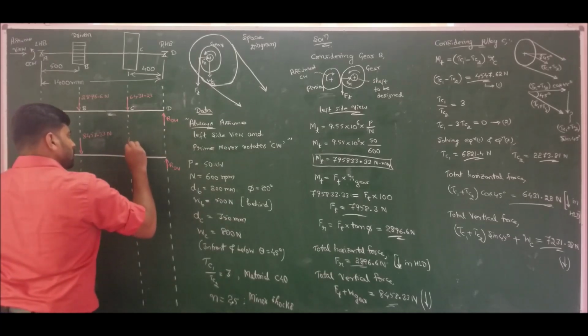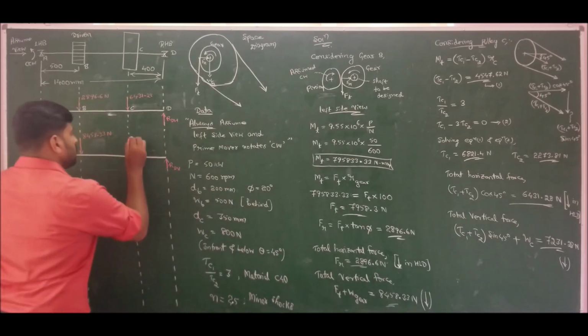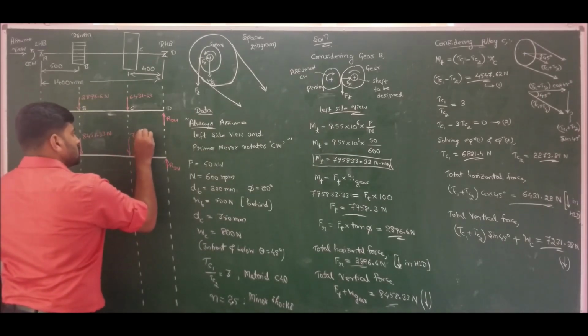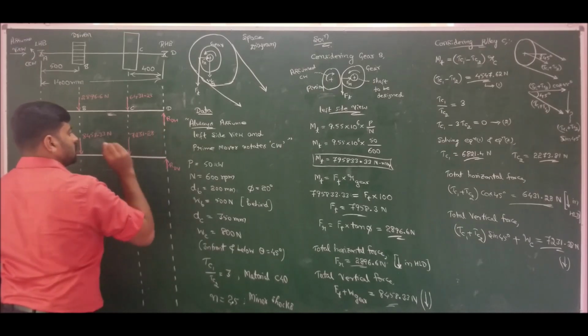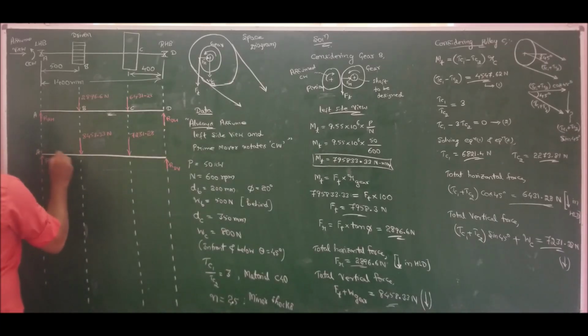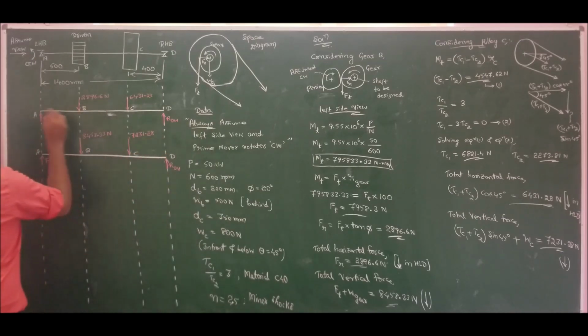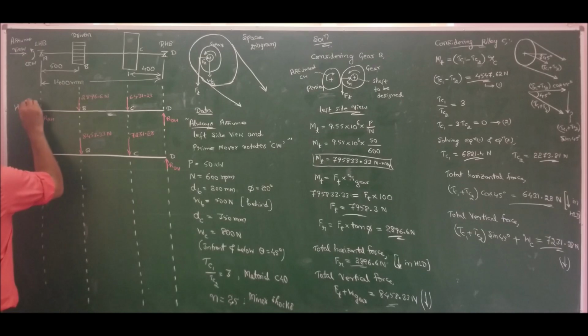From the pulley, we have a vertical load of 7231.28. So this completes the horizontal and vertical load diagrams, A, B, C and D. This is the horizontal load diagram, and this is the vertical load diagram.